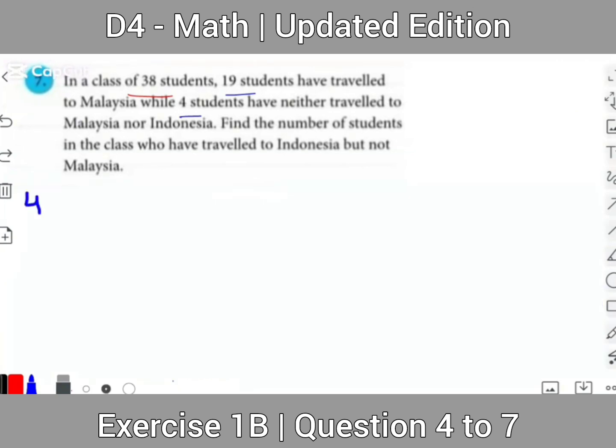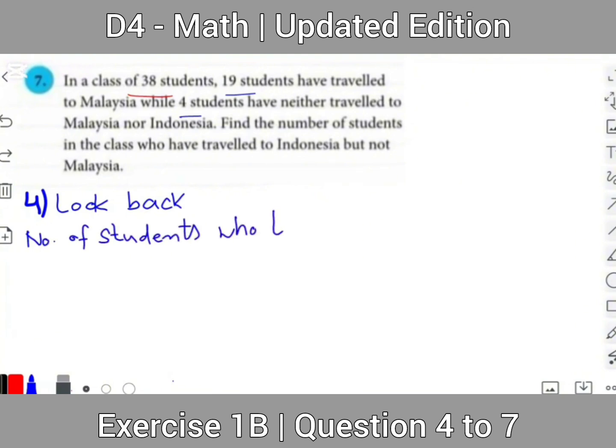Now in the stage 4, we look back. So the number of students who travel to Malaysia is equal to 19.